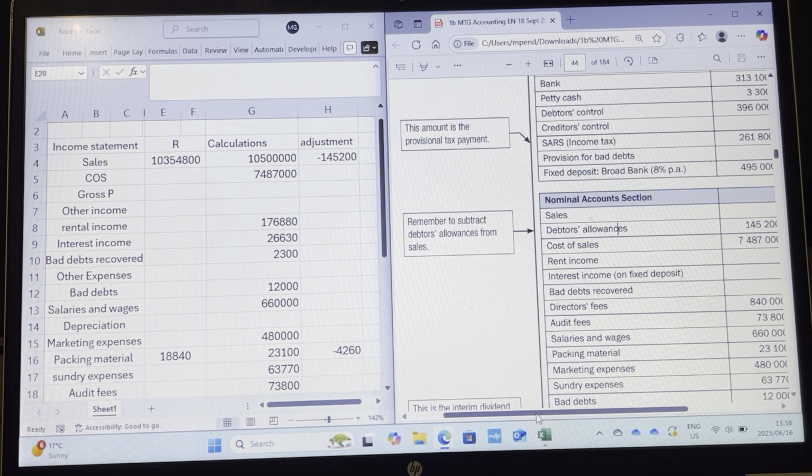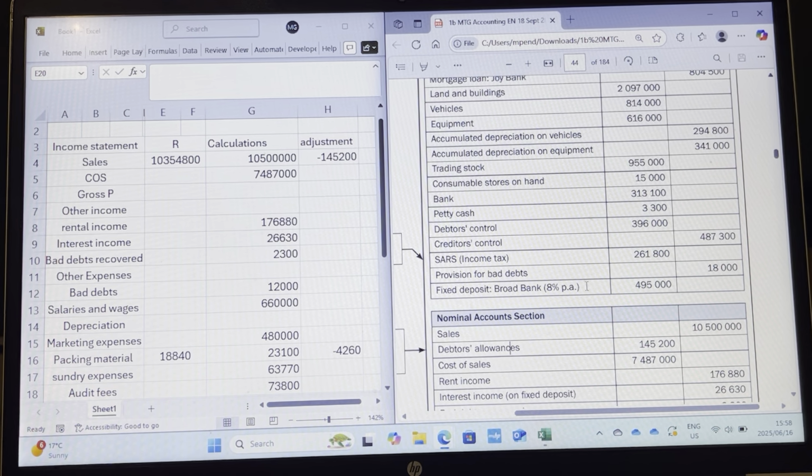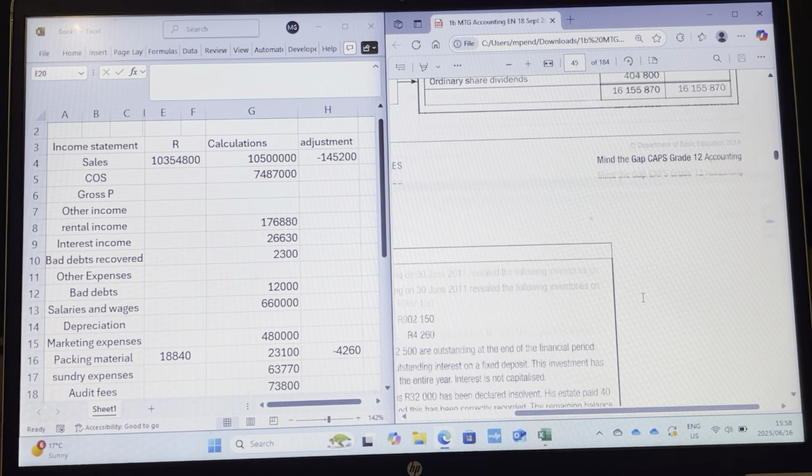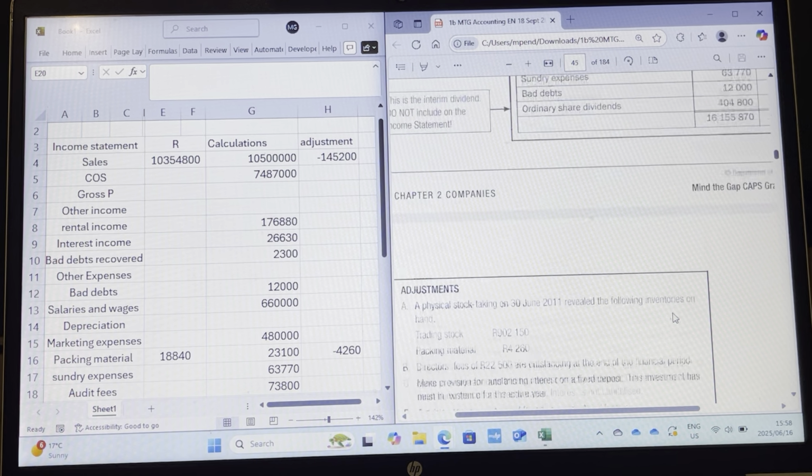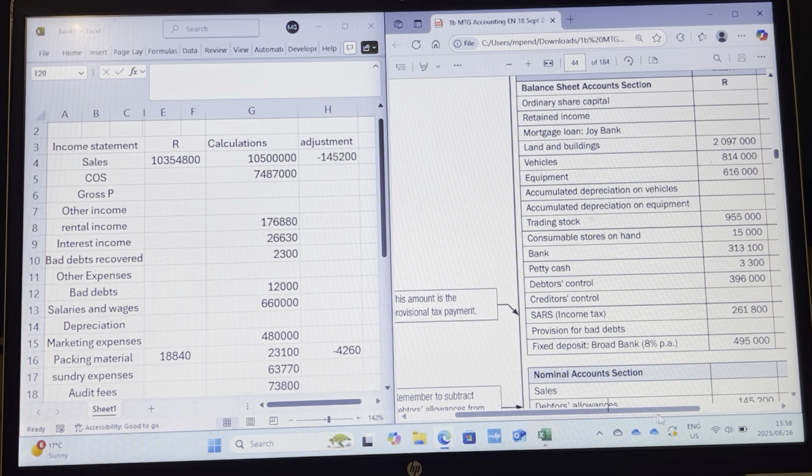You will have to go to our fixed deposit of 495,000, and it accumulates 8% per annum. And we were told that we've had this investment for the entire year, so we can actually capitalize the full 12 months of interest.